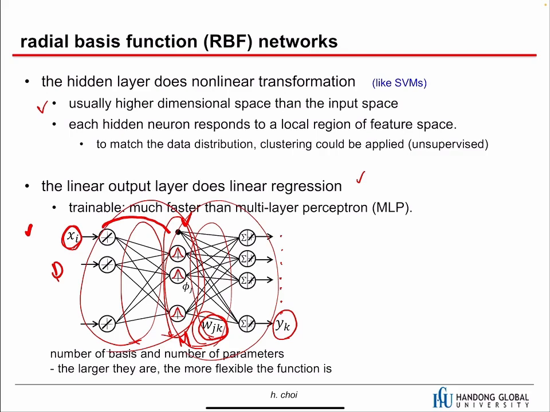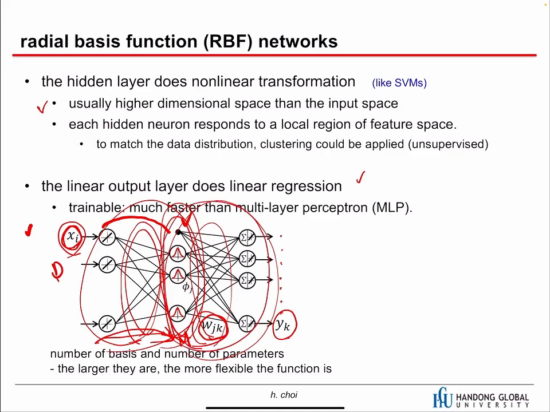But in radial basis function networks, this part is given. When we have input x, we can translate x to these hidden representations, because this one is fixed. And we can train just this layer. So it's just a linear regression.